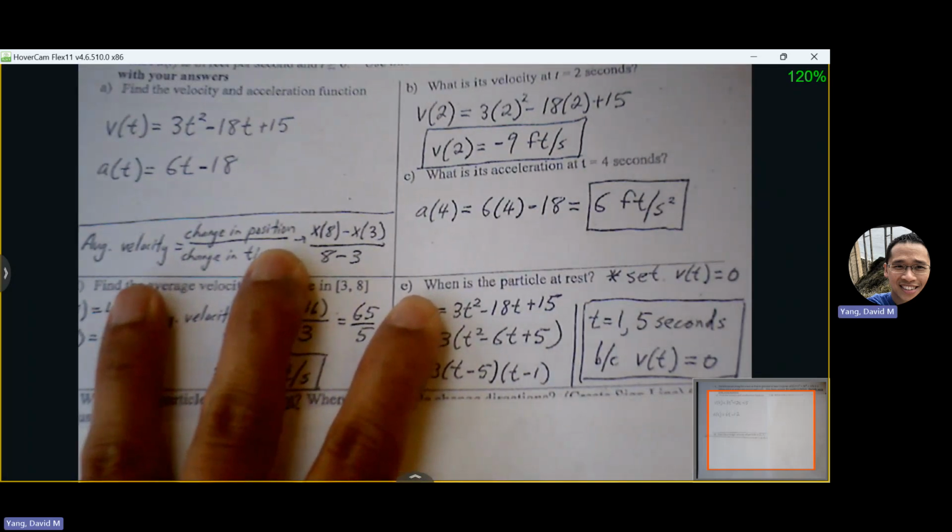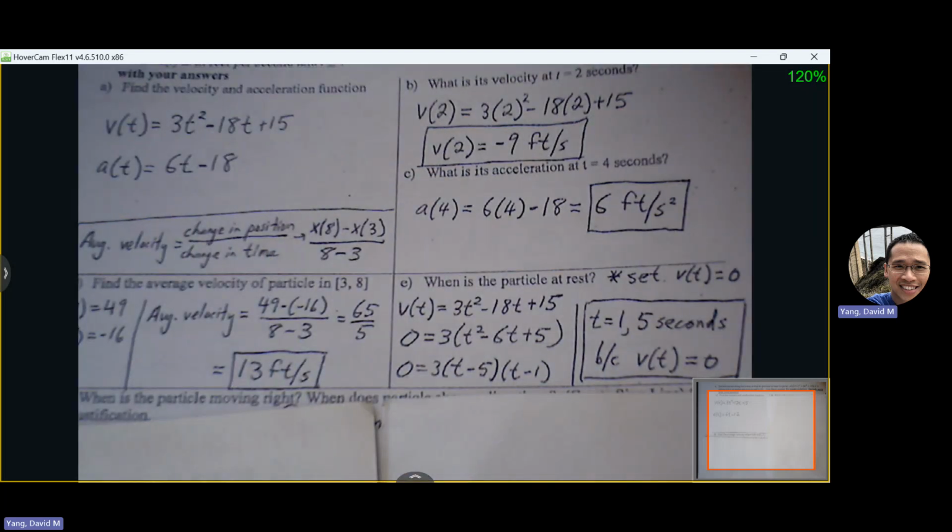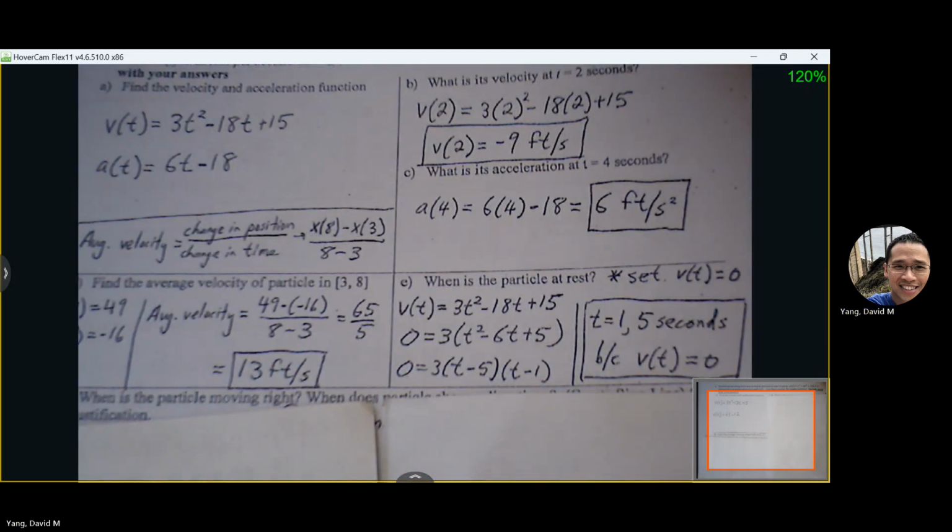Okay. And 1 second and 5 seconds because velocity is equal to 0. Once you find your velocity function, factor out a 3 and then continue with trinomial factoring, we get 1 and 5 seconds.